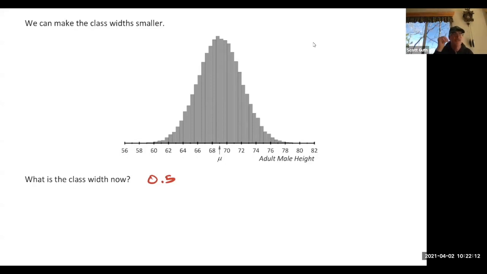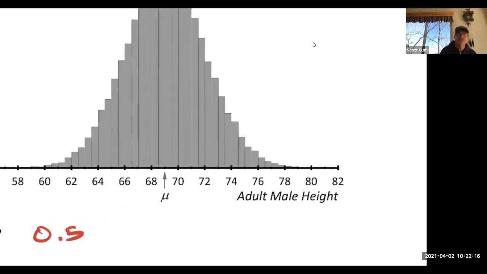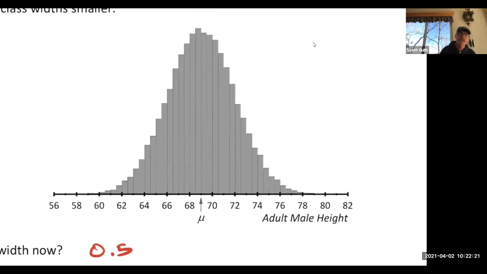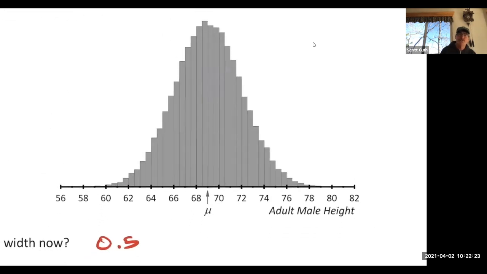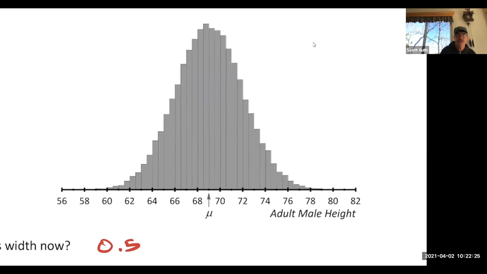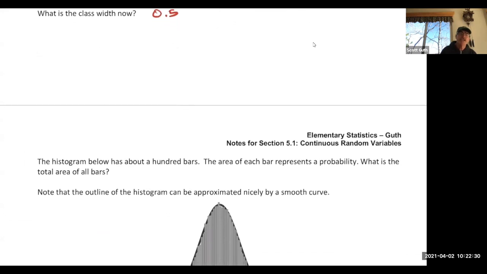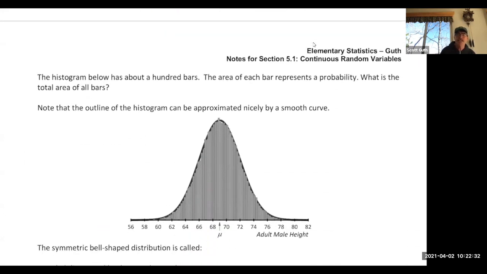So they're not real men, but with 10,000 values, you can make the bars really skinny and you'll still get a lot of values falling into each. And the area of each bar represents the probability of a height being in that range. They're just relative frequencies.